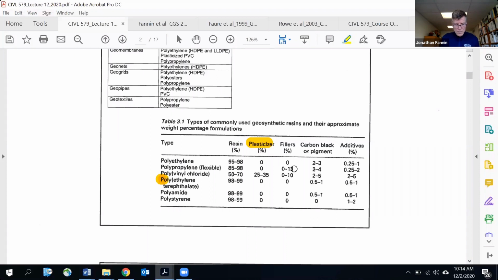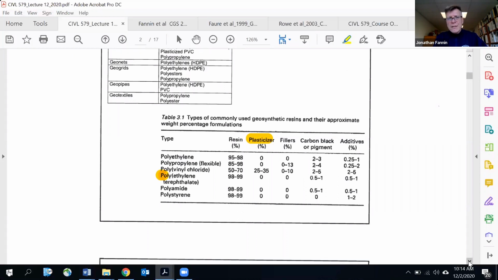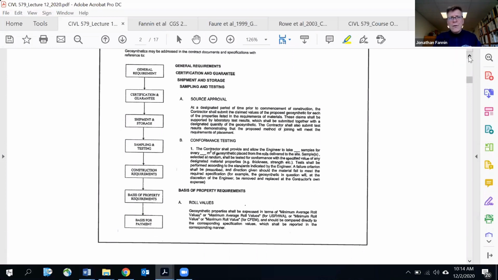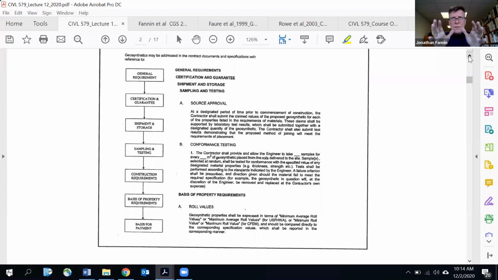So we have those materials, and if I scroll on down, in a specification document, and I use this slide simply to set the scene for the case studies.